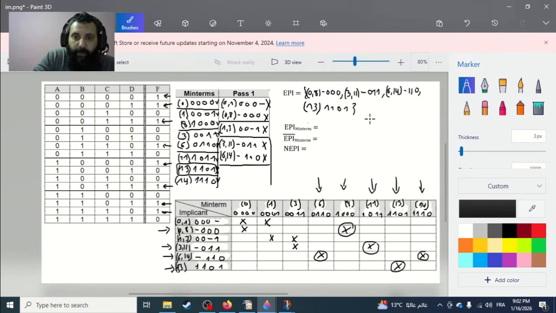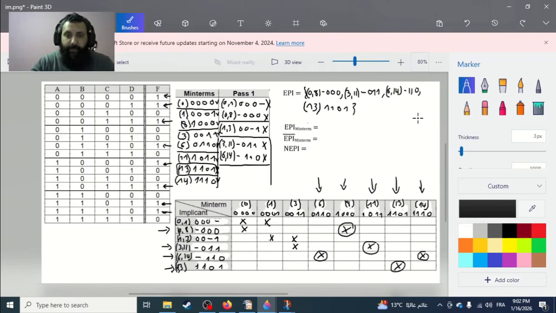Very good. We have the 4 essential prime implicants. Those are essential and imperative to be in the result. You cannot delete them in the solution.